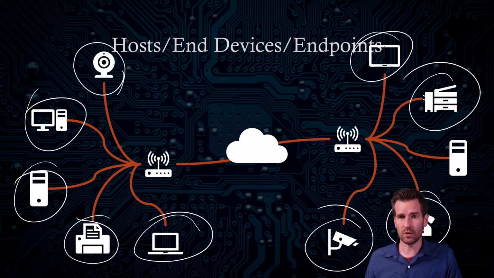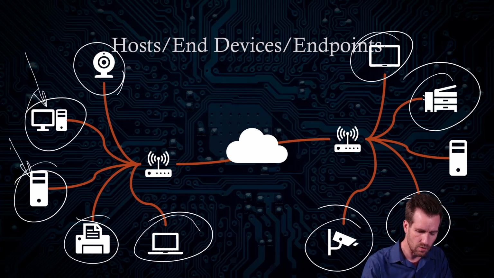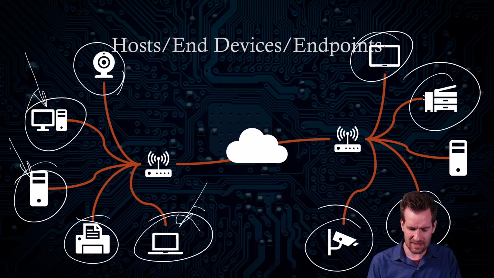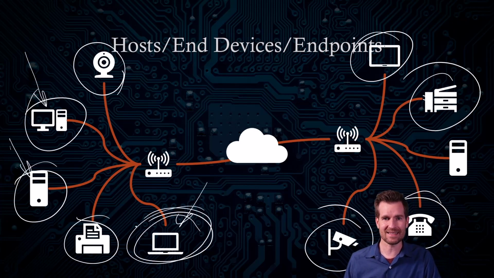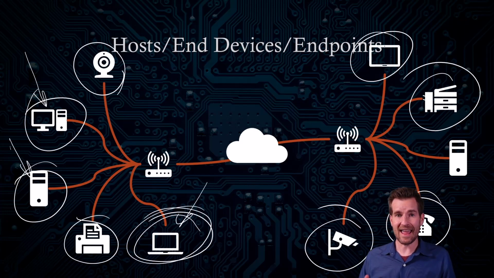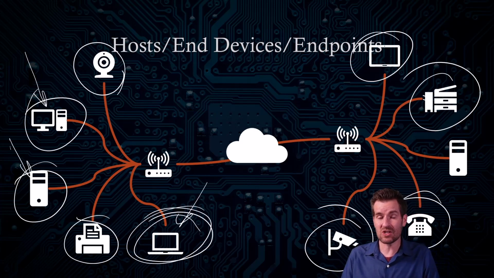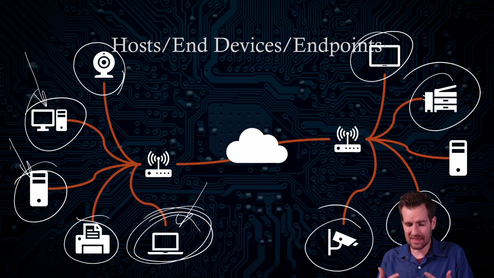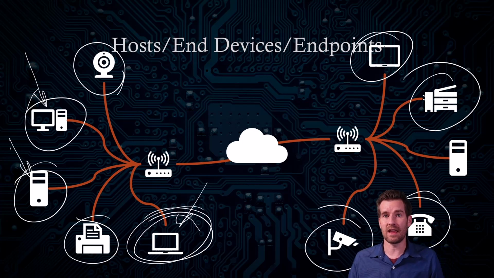But that's not the only reason. There's a lot of these devices, there's users that are getting onto these different devices, especially something like a laptop or a desktop, where there are end users that are using these devices that are not real educated on keeping things secure and making sure that they are doing things in a secure manner.